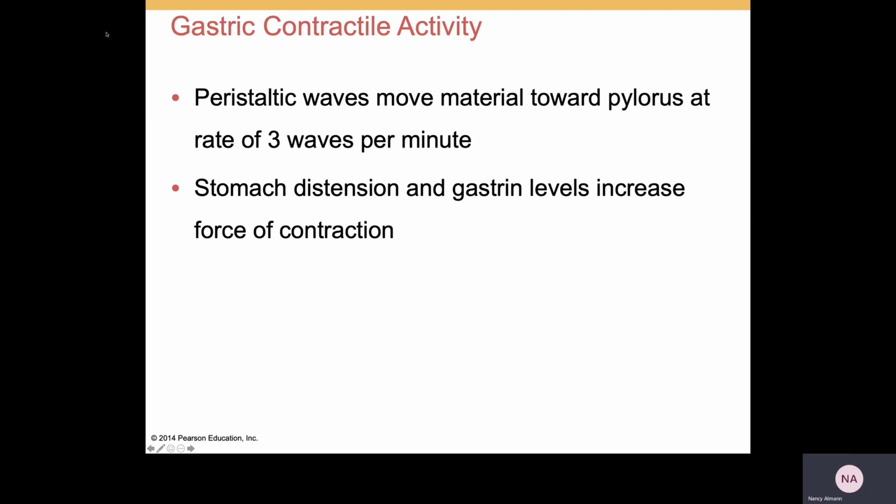So gastric contractile activity, yes, because you do need to move material to the distal end, the pylorus. So your stomach will undergo these peristaltic waves. It may be a rate of about 3 waves a minute. And as your stomach becomes distended and gastrin levels increase, the force of contraction will increase.